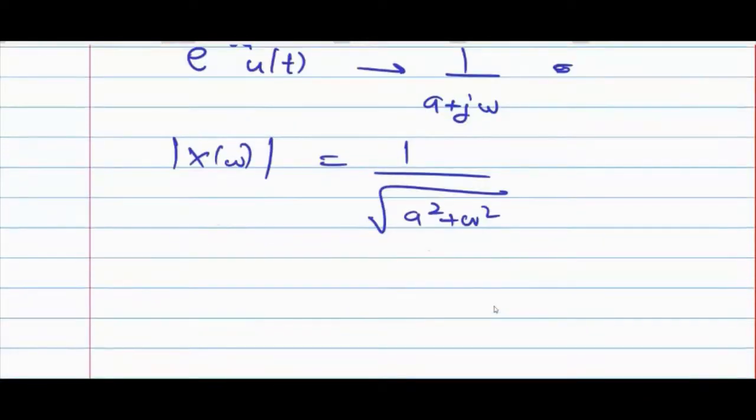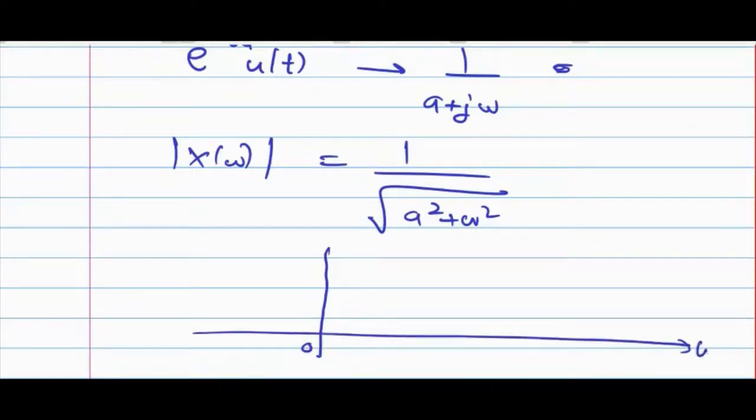If you are trying to plot the magnitude spectrum for different values of omega, like omega equal to 0, you get amplitude 1 by a. Now as you put other values of omega, it is a decreasing function because omega is in the denominator. Square of any number is positive, so its amplitude spectrum is like this.